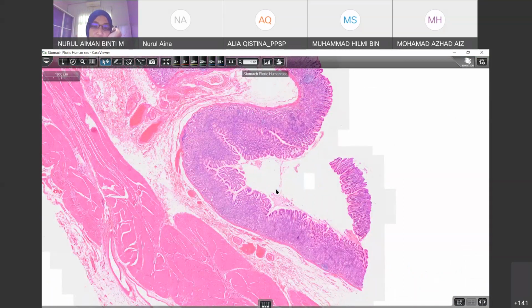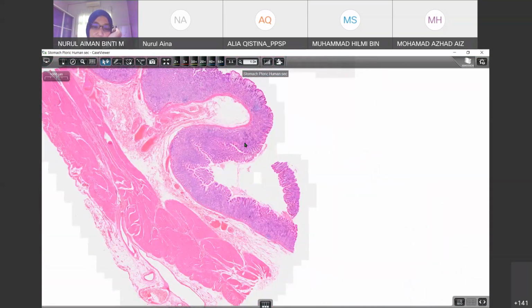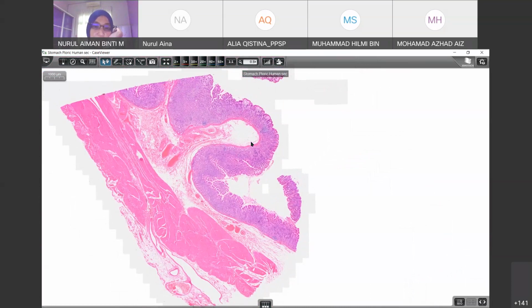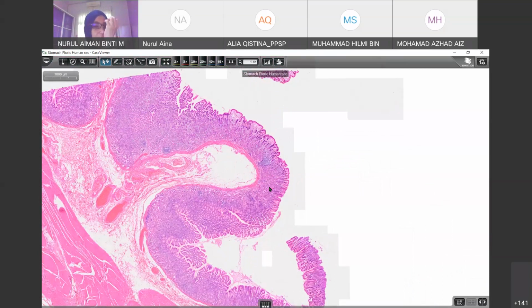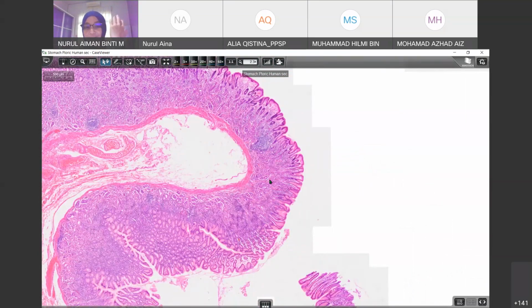So okay, this is the slide of the stomach, pyloric part of the human, where you can see the epithelium. Inside the gastrointestinal system, histology, actually the hardest histology is inside the gastrointestinal system because it is very complicated.